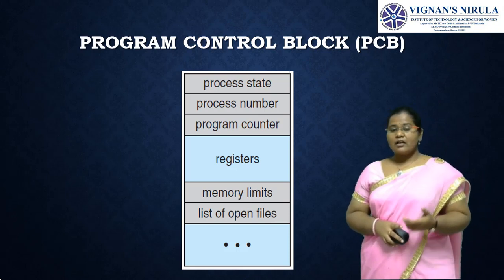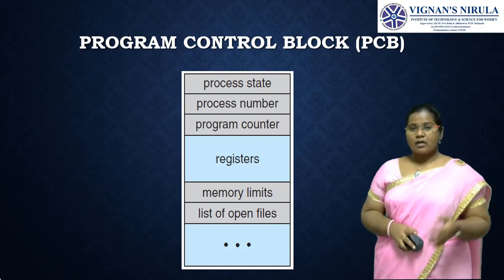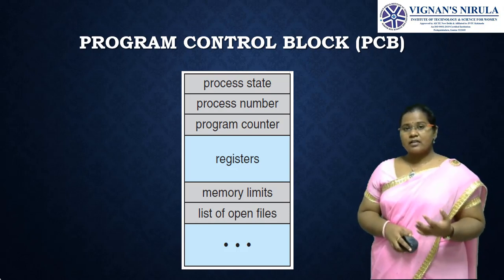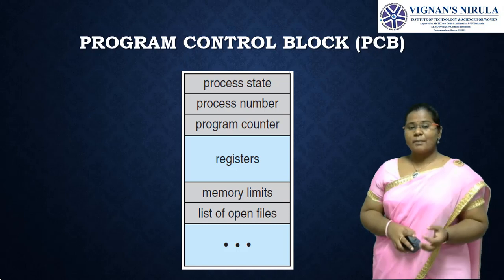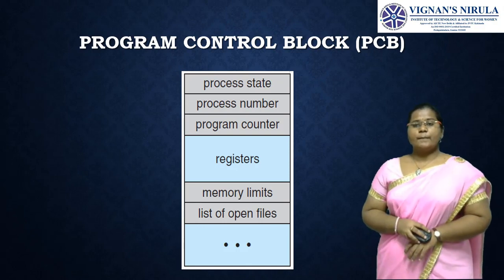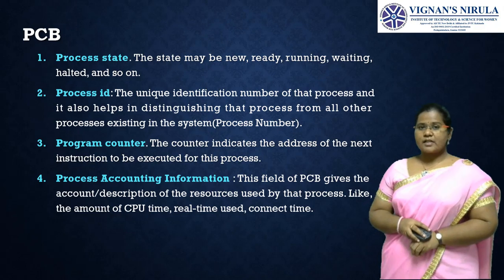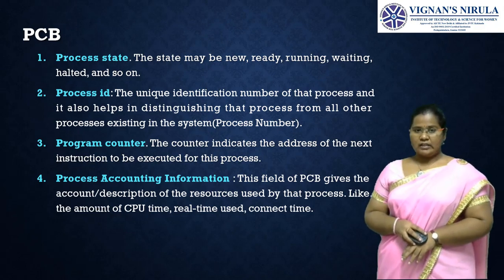If you see, there are a number of details stored in the process control block. What details are stored will depend upon the type of operating system you are going to use. We'll see each and everything which is present in the process control block in detail.